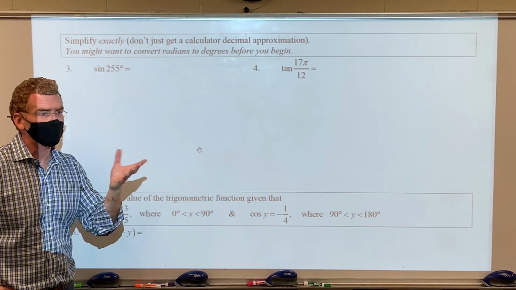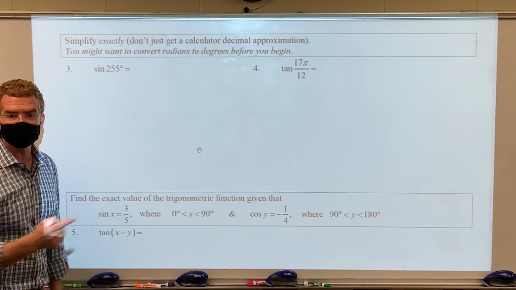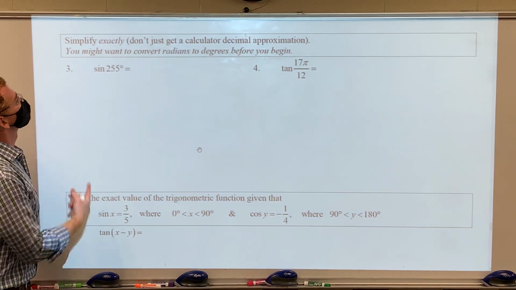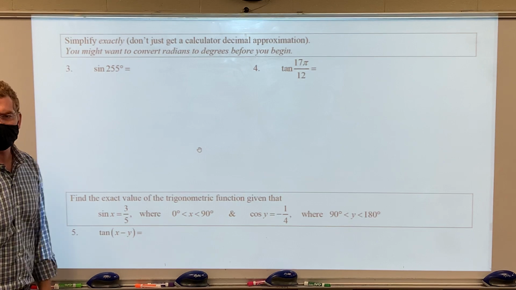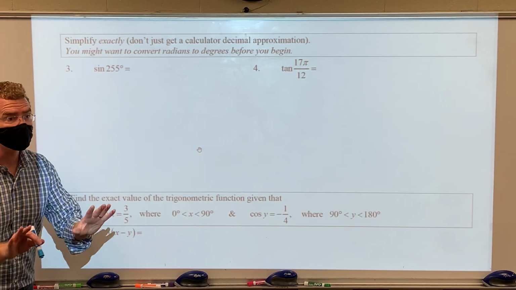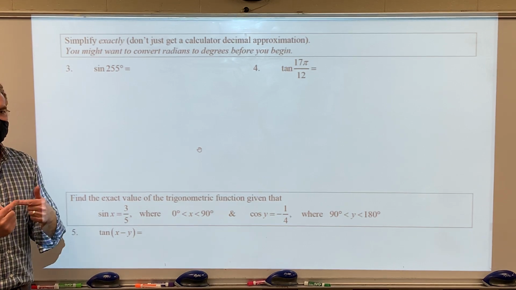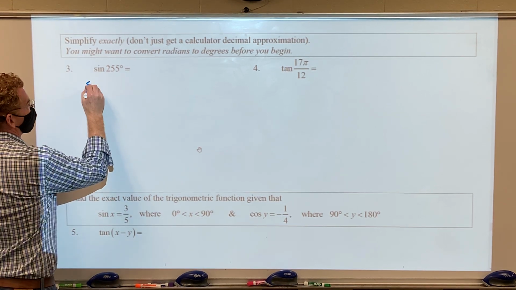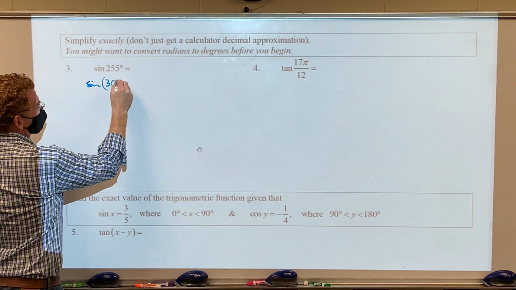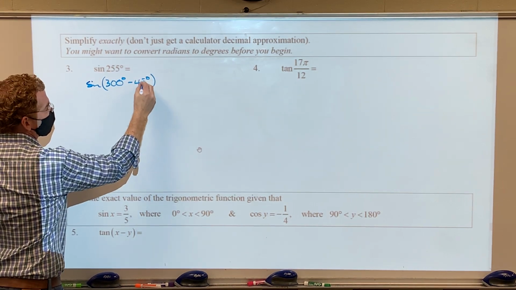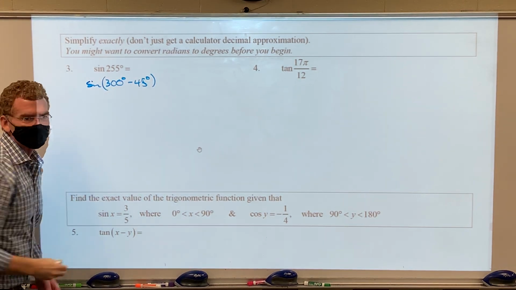So 300 minus 45, that's fine. 210 and 45 would get you there. Now, don't go 240 and 15. True statement. But what are you going to do with 15? You're stuck again, right? So find two angles that work for you. Now, I heard 300 and 45. So yes, if I wrote that out, that is the same thing as 255.